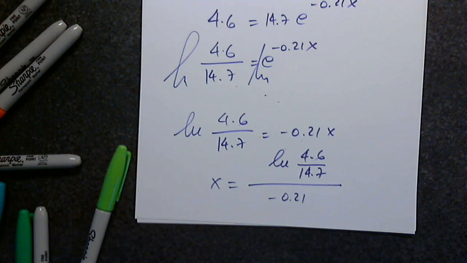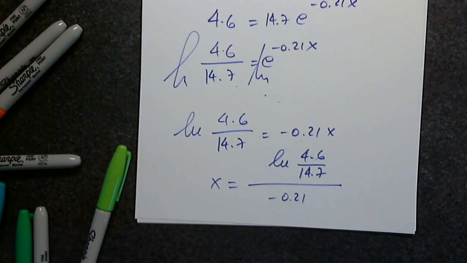With the graphing calculator, let's do that. So I have natural log of 4.6 divided by 14.7, very good. Close the parenthesis and divide by, don't forget parentheses, negative 0.21.